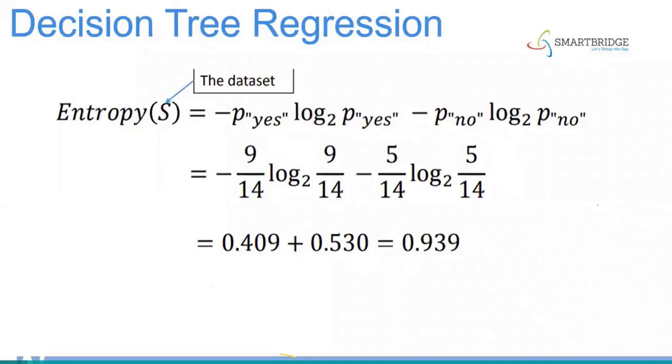So how do you make the outlook the one that is purely based on the information gain? Information gain will reduce the value of the entropy.